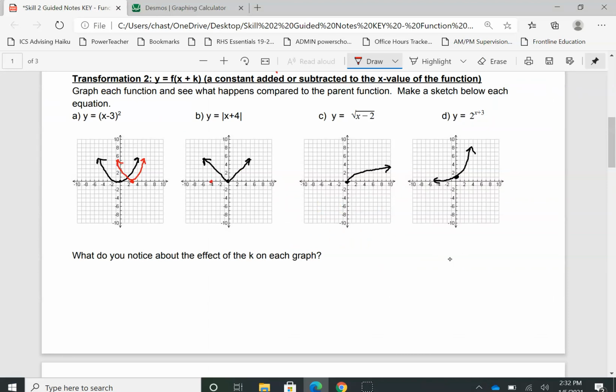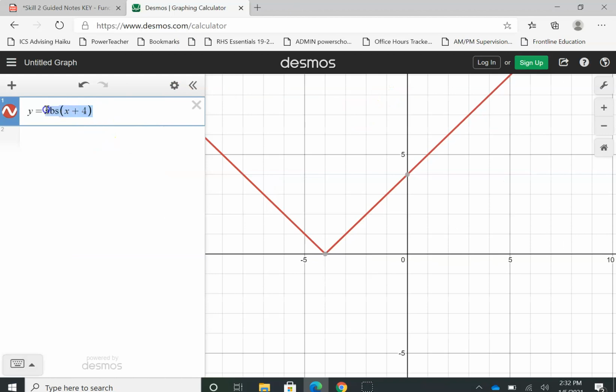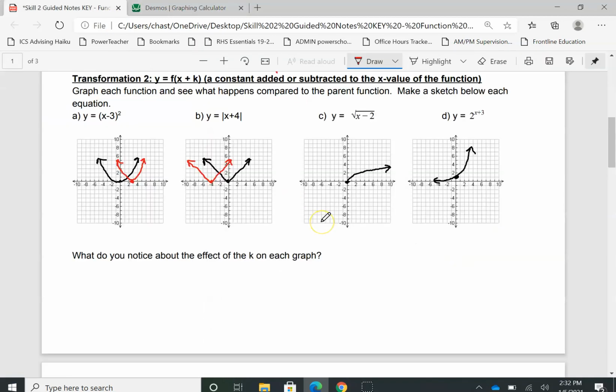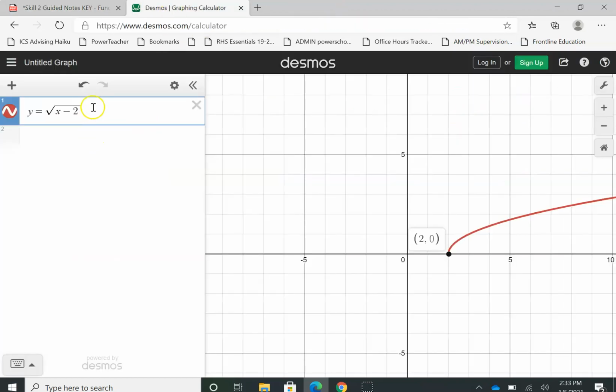And I know you're thinking, oh, these don't do the same thing the other ones did. Next one, square root of x minus 2. Notice the graph shifts to +2, so it goes to the right 2. And the last one, we have 2 to the power of x plus 3.